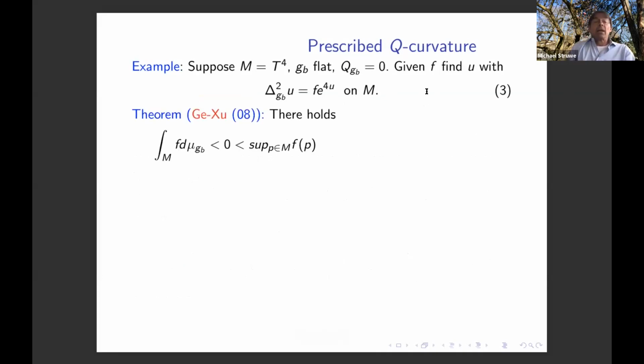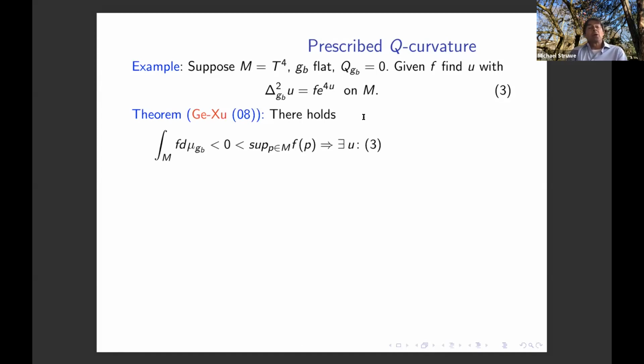So there are results which are very similar to the Kazdan-Warner result due to Ge and Hsu from 2008. And namely, they showed that if the average of f is strictly negative and if f is sign changing, then you can find a solution to this equation 3. However, this is no longer an equivalence.